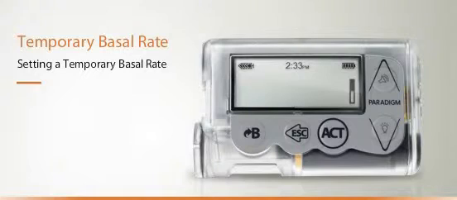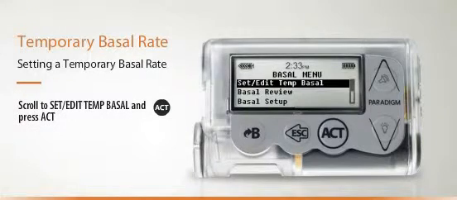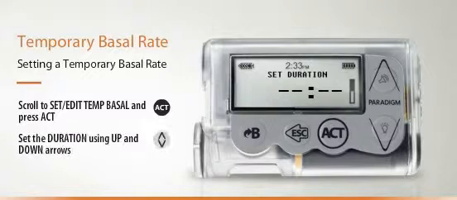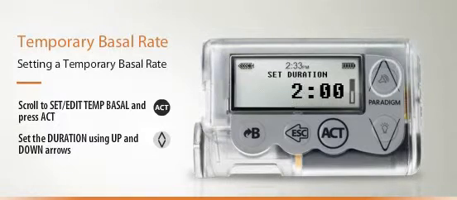To set a temporary basal rate, scroll to Set Edit Temp Basal in the Basal menu and press Act. You will then need to set the duration of time you would like your temporary basal rate to operate for by using the up and down arrows and then pressing Act.